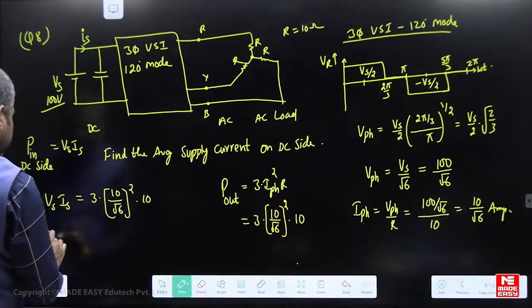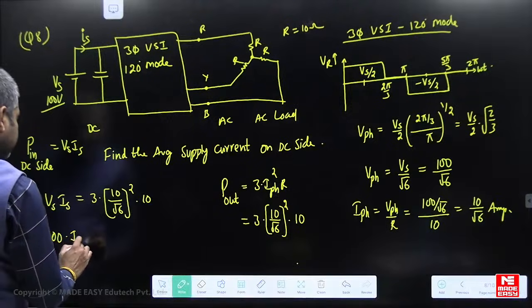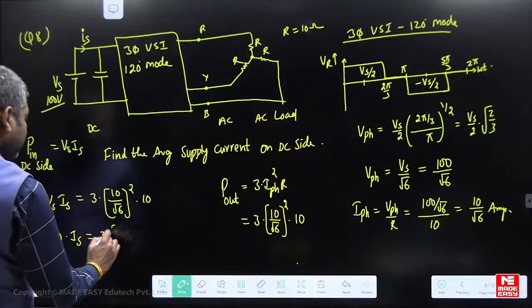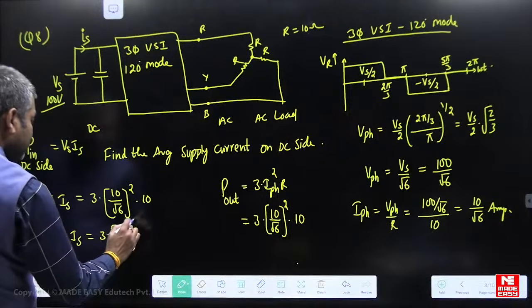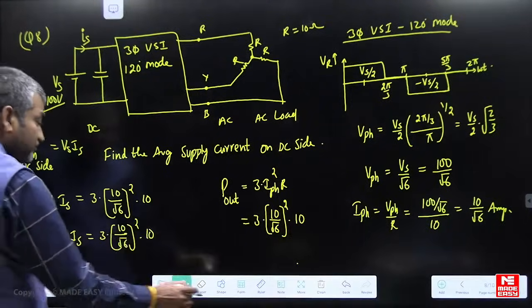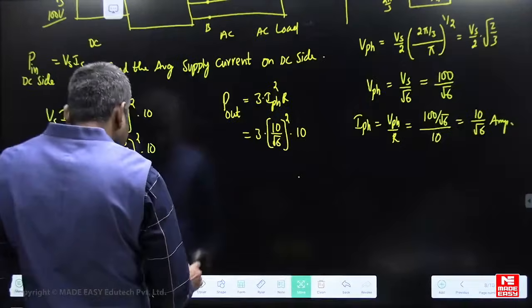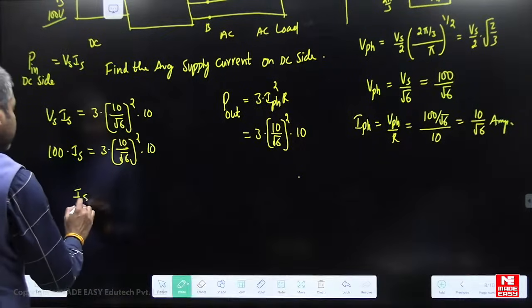Here Vs is 100. So 100 into Is is equal to 3 times 10 by root 6 whole square into 10. So find the value of the unknown supply current on DC side.